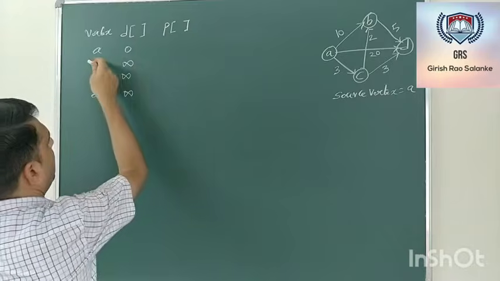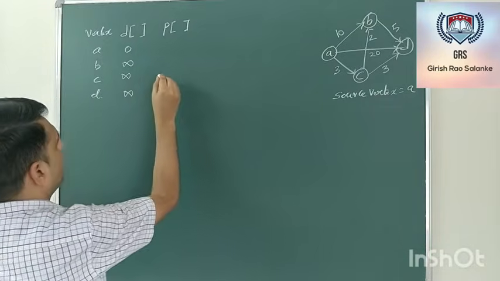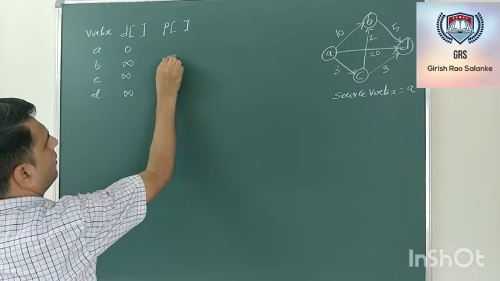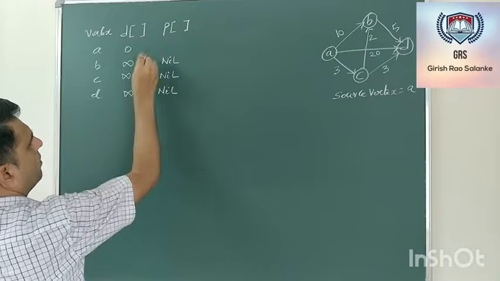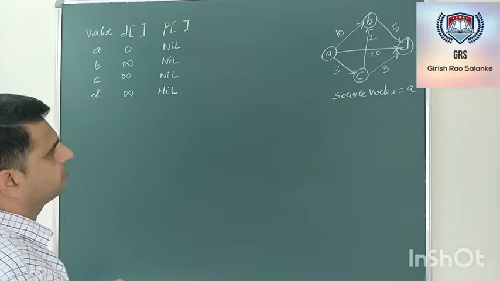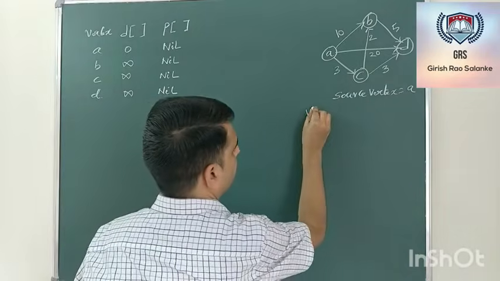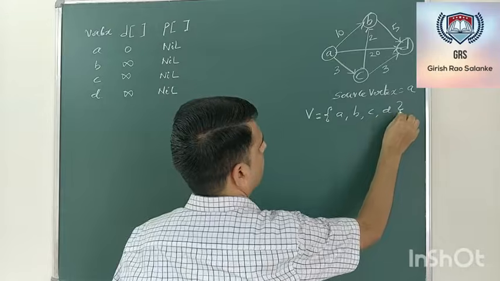Similarly, the parent of A, I can have it as A or as nil, no problem. For all other 3, I will have it as nil. Even for A, I can have it as nil. A does not have any parent. The vertex set has A, B, C, D.